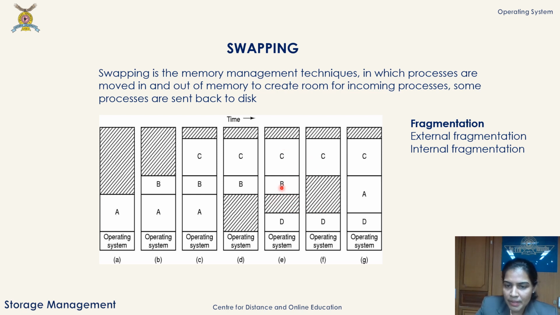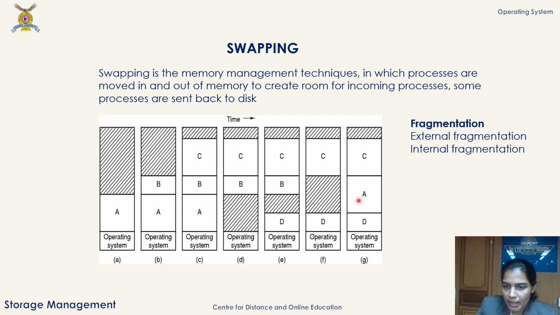After some time, B will go out of the memory. It has completed processing or it has been selected for swapping out. So this much area is again free in the memory: D, free area, C, and again some free area.